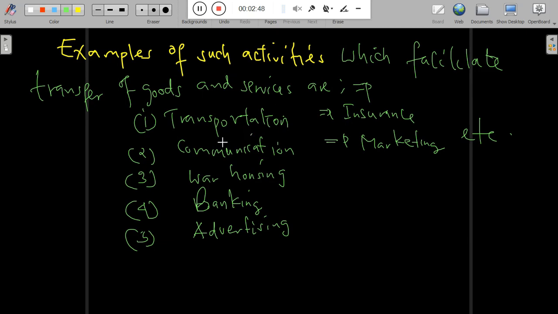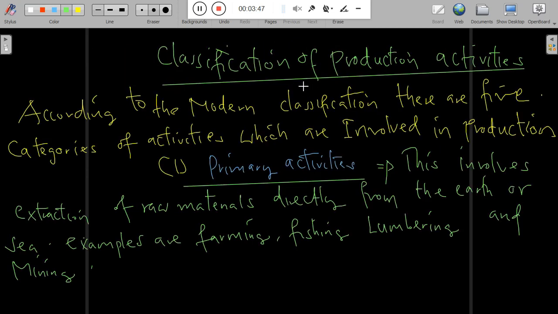These activities include transportation, communication, warehousing, banking, advertising, insurance, marketing, and so forth. Such kinds of activities enable interaction between different agents or different players in the economy. These activities facilitate the transfer of goods and services, whereby transportation enables the transfer of goods and services produced.